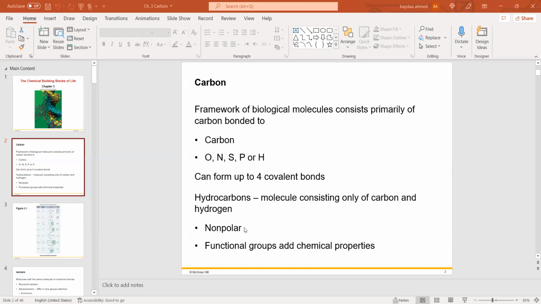If you remember, we explained this. Non-polar molecules don't have different charges on the same molecule. And of course, they can have functional groups added that change their chemical properties.